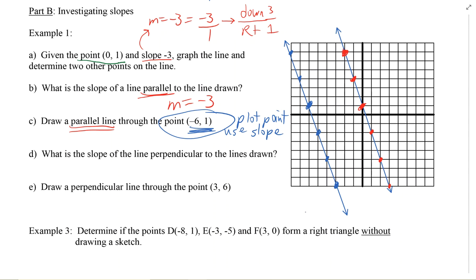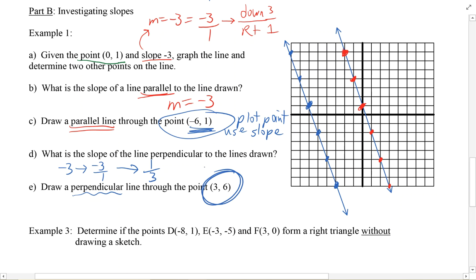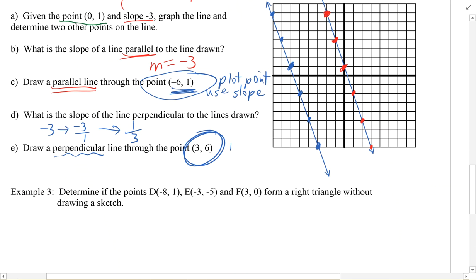Any questions? I have one for you. What would be the slope of a line that's perpendicular to these two? We have negative 3, that's negative 3 over 1, so what's the perpendicular slope? Positive 1/3. Okay? So now you're going to use this slope 1/3 to draw a perpendicular line that goes through this point 3, 6. So plot the point, use the slope.